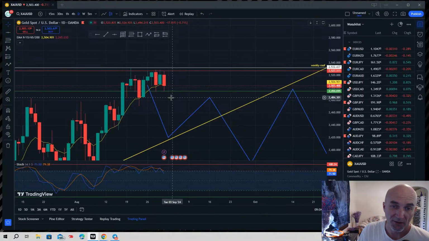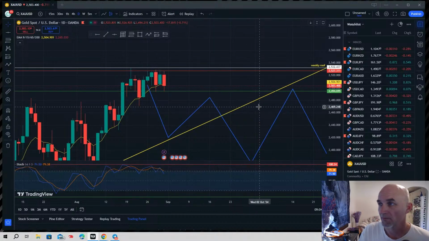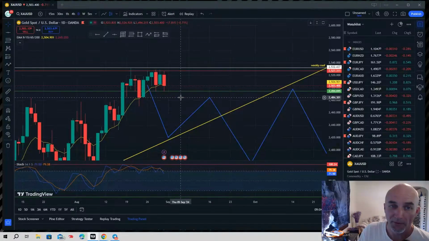And how you know it's created a floor is it will wick back up like this. The red full candle body will come all the way down to form this wick, and then the buyers come back in and push that price up, causing that candle to close and continue pushing the price back up. So that is price movement.